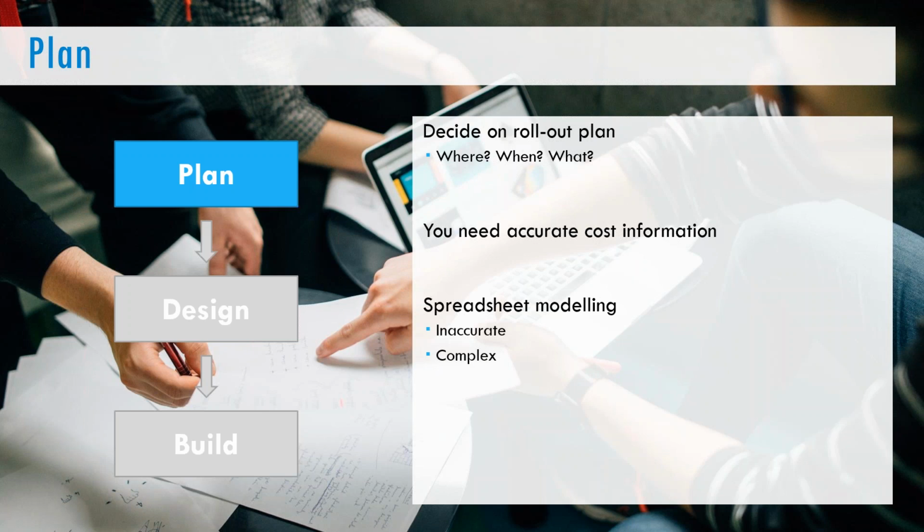But it can be quite inaccurate or very complex if you want to create formulas taking into account the density, number of homes, all the equipment costs. Trying to capture all of that in a spreadsheet can be quite complex and easy to make mistakes.